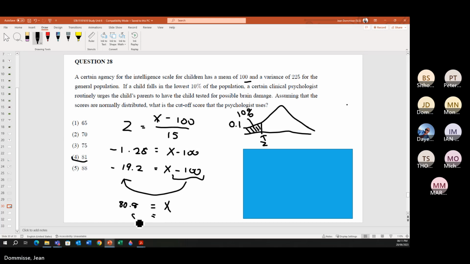And so if we put 81 back into this, we get (81 minus 100) divided by 15. That will give us minus 1.28. So that when we go to the table for minus 1.28, we will be able to get that value.